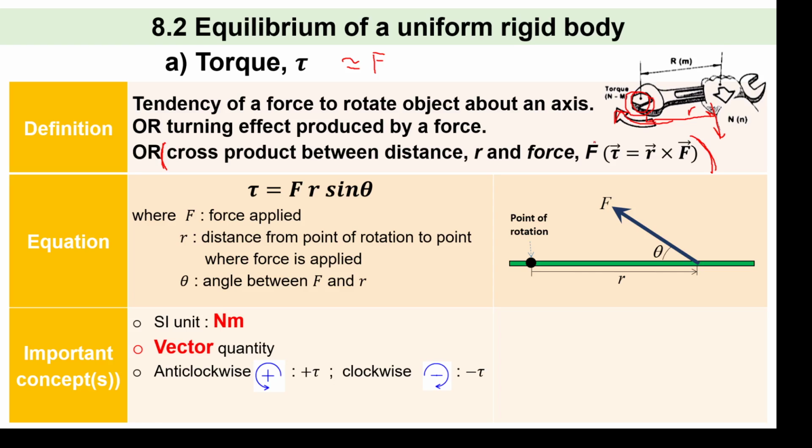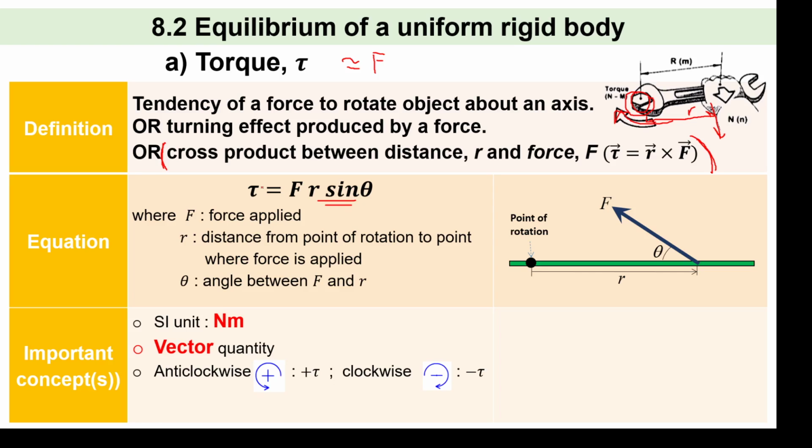So how do we elaborate this? We have learned the cross product in chapter 1. If you have the cross product tau equals r cross F, it's F r sine theta. It's different from the dot product which you learned in chapter 5 for work. The dot product uses cos, whereas the cross product uses sine. Keep that in mind.